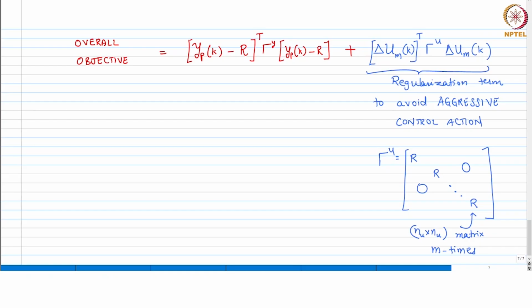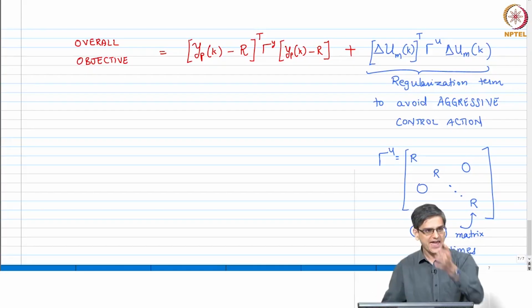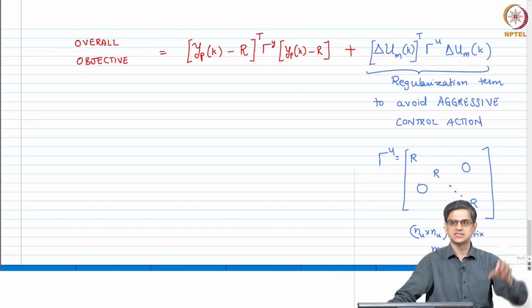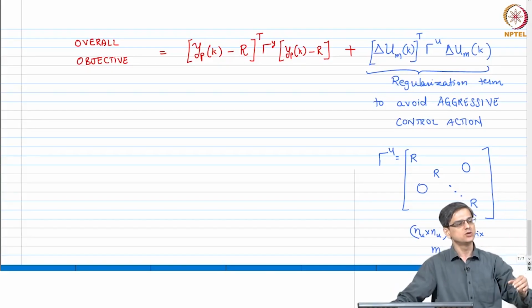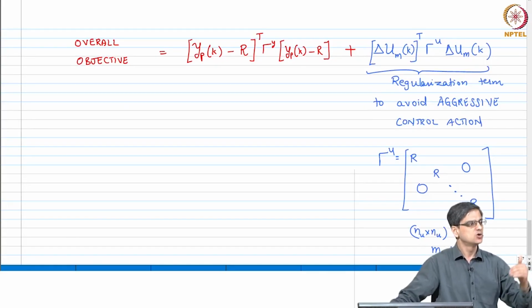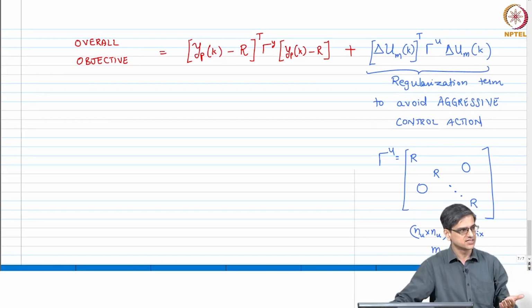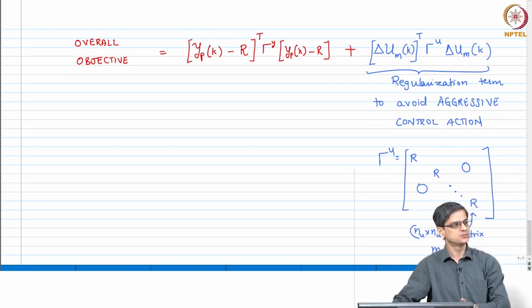So, there are m times nu elements in delta Um. So, the gamma u matrix has to also reflect the same, which means R is repeated along the diagonal m number of times. The size of R is going to be equal to Nu by Nu. It is an Nu by Nu diagonal matrix with the diagonal elements being the weights for U1, U2, U3 up to UNU.